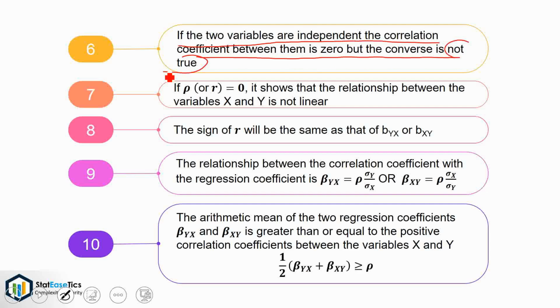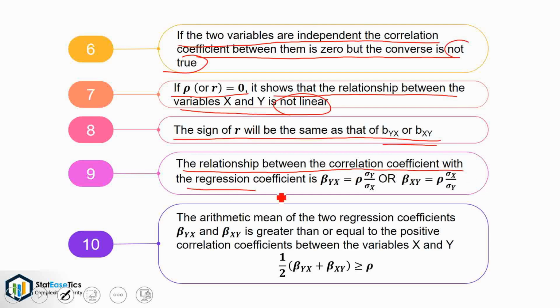Then, if rho or r is equal to 0, it shows that the relationship between the variables x and y is not linear. Further, the sign of r will be same as that of byx or bxy. Then, the relationship between the correlation coefficient and the regression coefficient is beta yx is equal to rho sigma y upon sigma x, or beta xy is equal to rho sigma x upon sigma y.